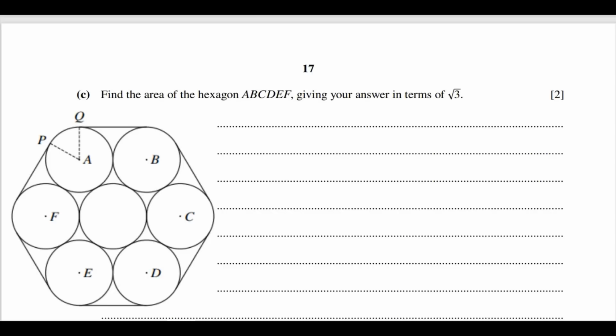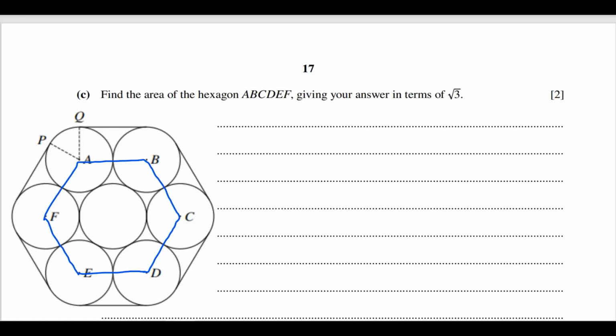Next part of the question is find the area of the hexagon ABCDEF, giving your answer in terms of square root of 3. So we'll first join all the centers. Okay.